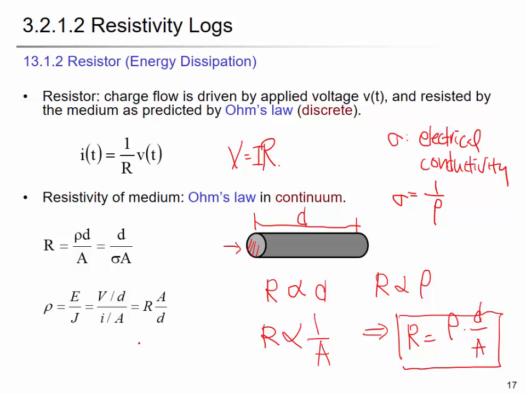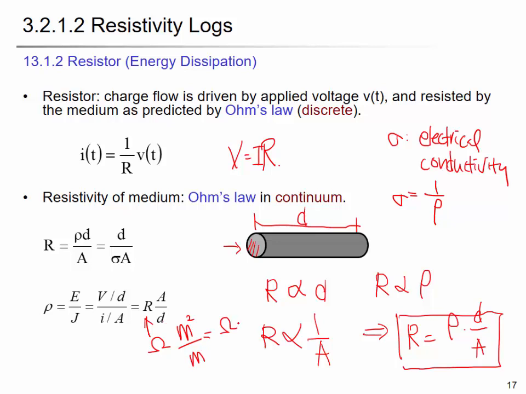What is the unit of electrical resistivity? So here R is ohm, and A is what? Length squared, right? So square meter. And D is the distance, so it is just length, meter.